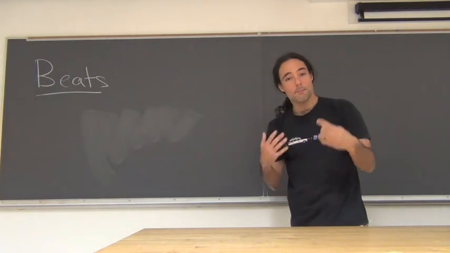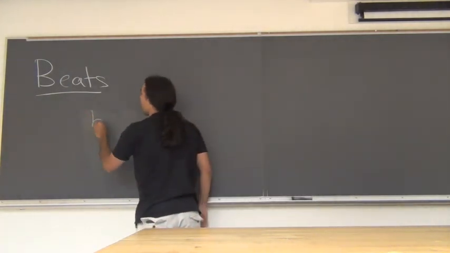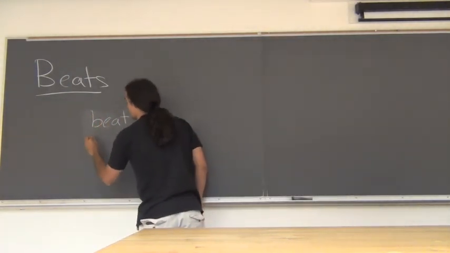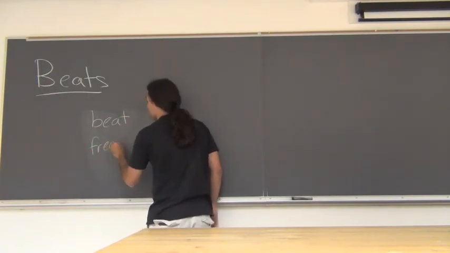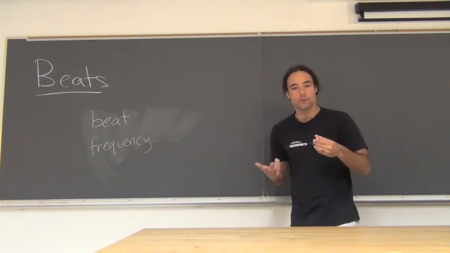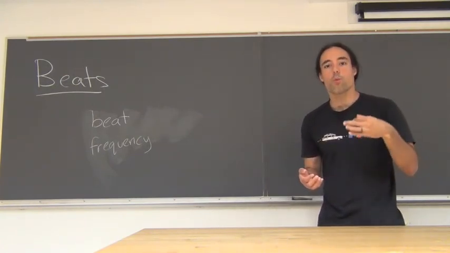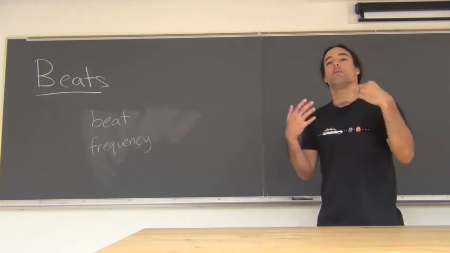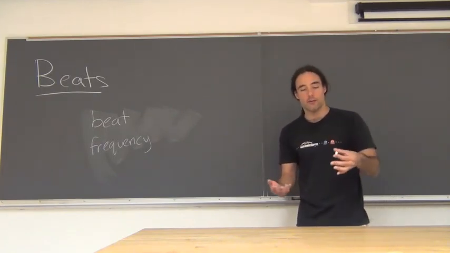If I look at the beat frequency, so how often do I hear a beat? So maybe you hear a beat once a second. Maybe you heard a beat twice a second.